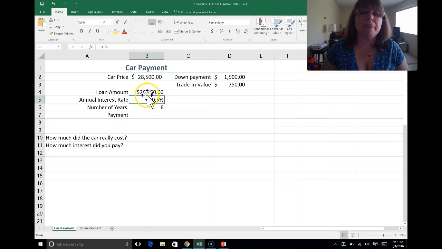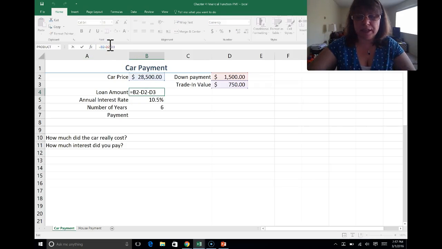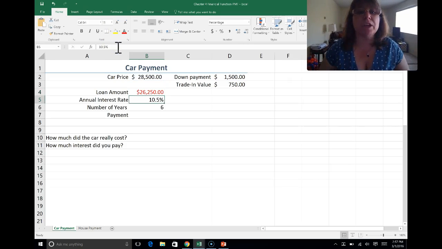But I want this to show up as debt. It's debt to me. I have to borrow that money. So it should be a negative number. So I'm just going to quickly put in a negative with parentheses around my formula. So my dollar amount shows up as a negative number. That's what I'm in debt for.